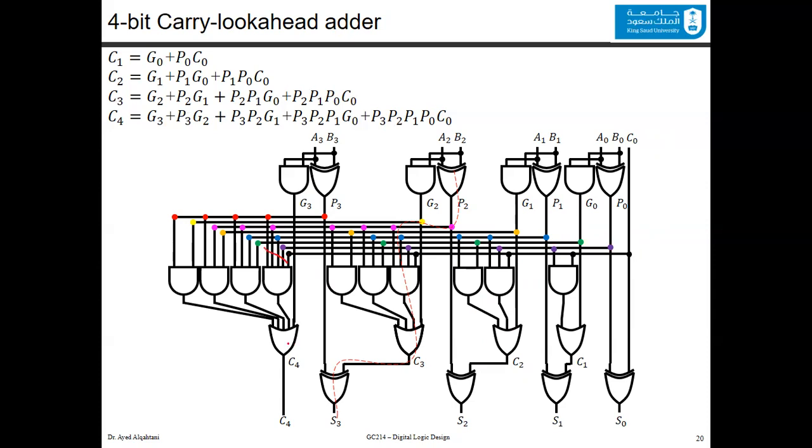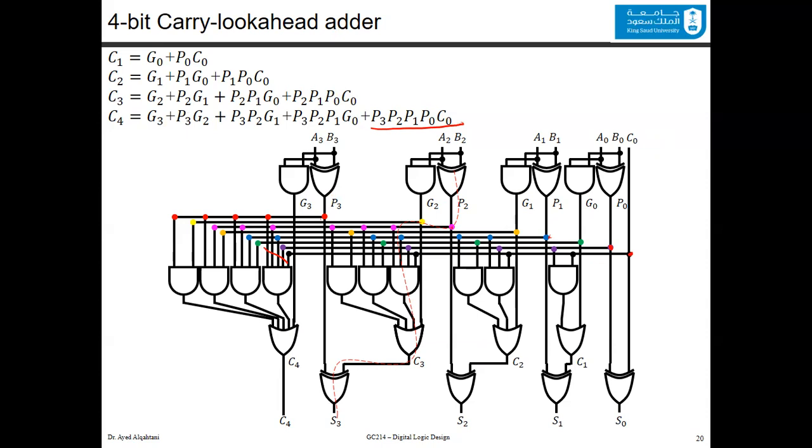You can see that one of the inputs of this OR gate is C0, propagated through all the stages, through the purple, P0, the blue, P1, the pink, P2, and the red, P3.